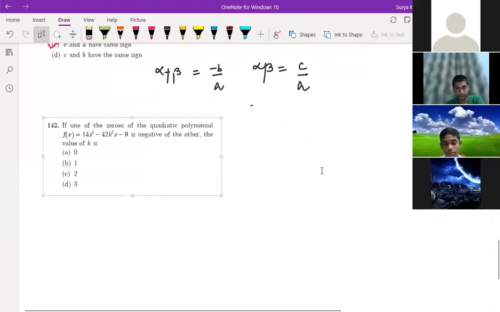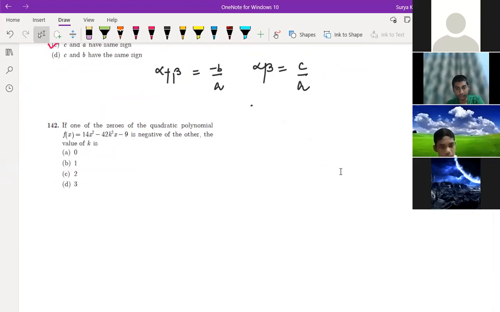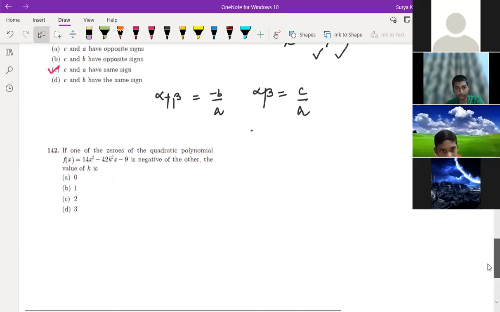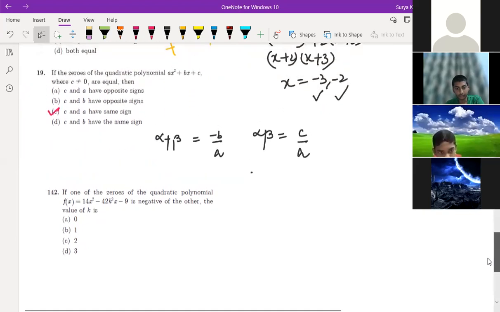See, one of the zeros of the quadratic polynomial is negative of the other, then the value of k. Actually, I'm getting something now, negative of the other. So here they have given equal zeros. Zeros are equal means alpha and alpha only.